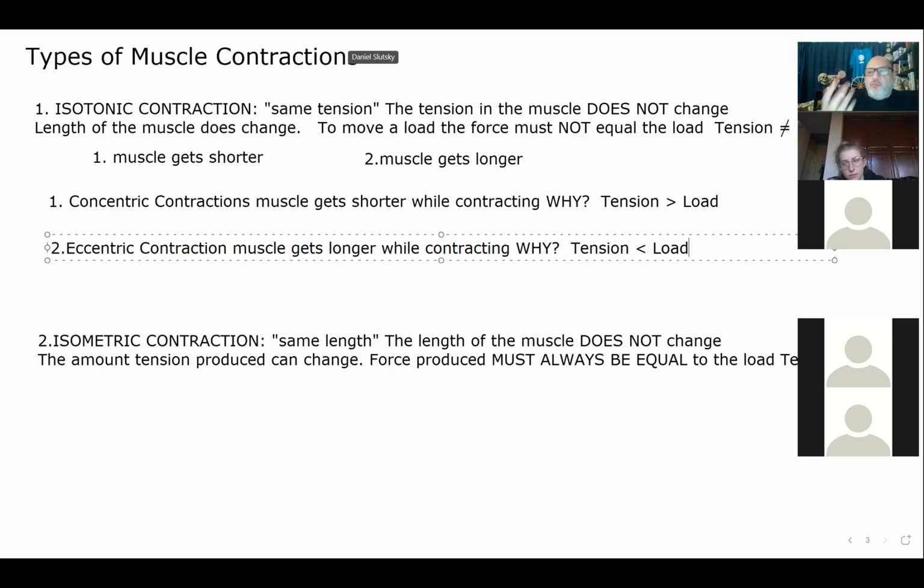Now, from what we learned about how a muscle contracts, with that myosin head grabbing and pulling on the actin, how can myosin be contracting and pulling on the actin and the muscle getting longer? How is it possible that can occur?